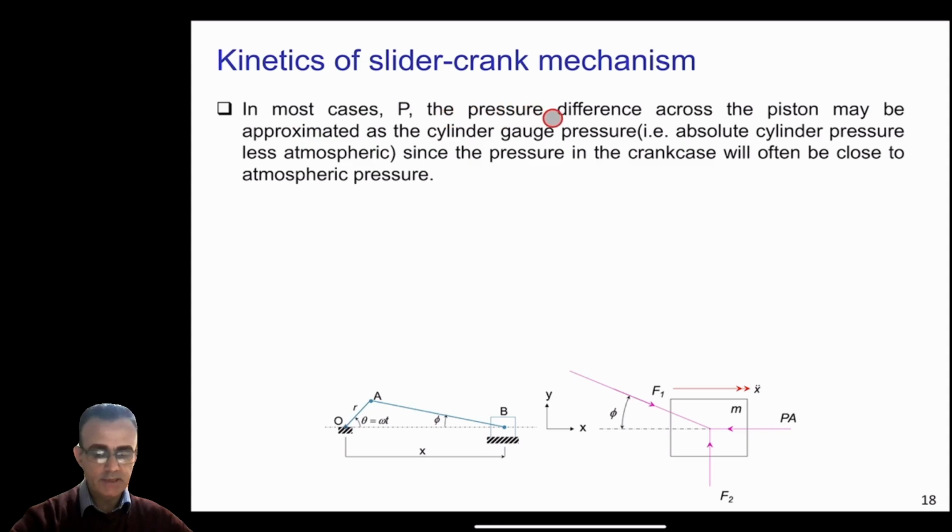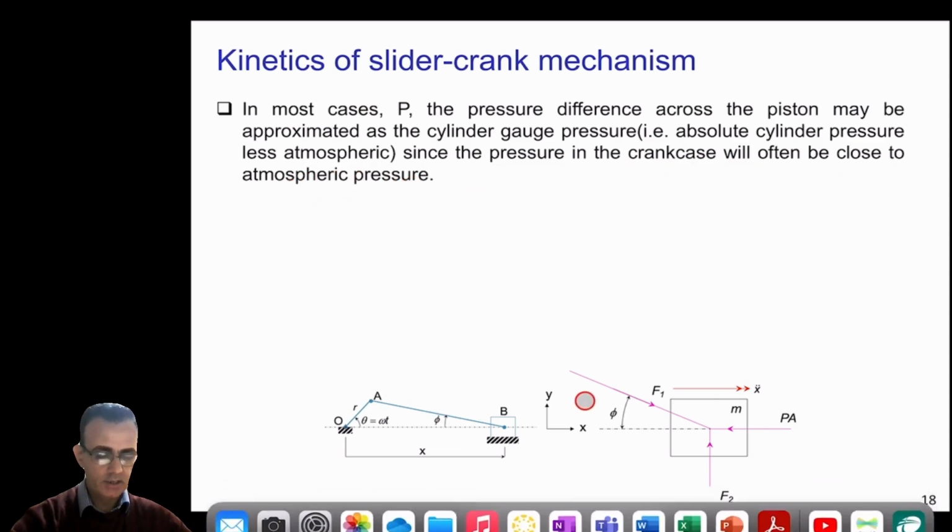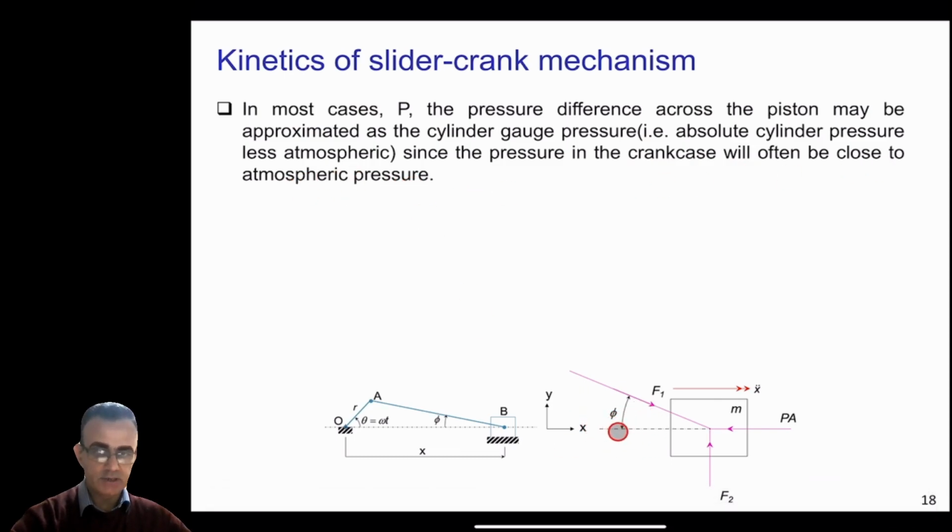P is the pressure difference across the piston, and may be approximated as the cylinder gauge pressure. That is the absolute cylinder pressure less the atmospheric pressure, because the pressure in the crankcase will often be close to atmospheric pressure. So this P should be equal to the absolute pressure minus the atmospheric pressure.